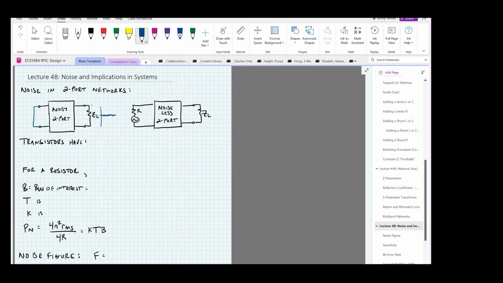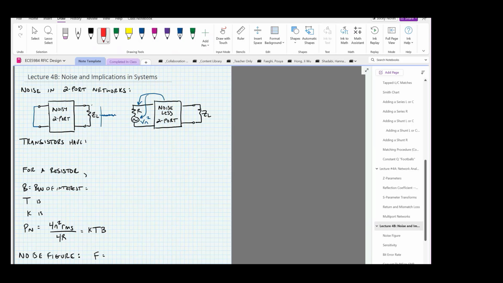The way that we typically model a noisy circuit is we use a noiseless circuit and we extract an equivalent resistance and an equivalent noise voltage, Vn squared.